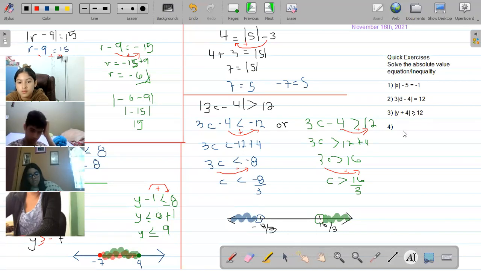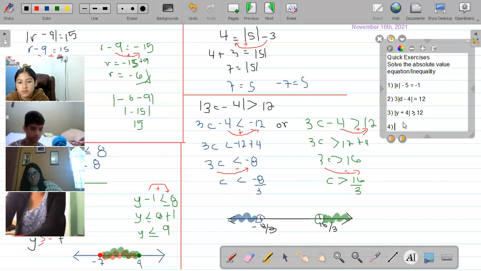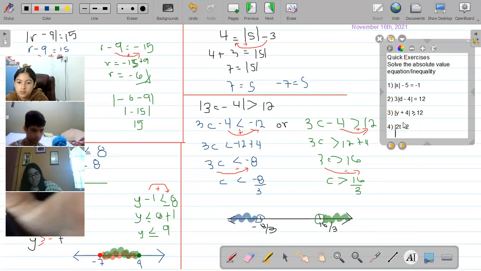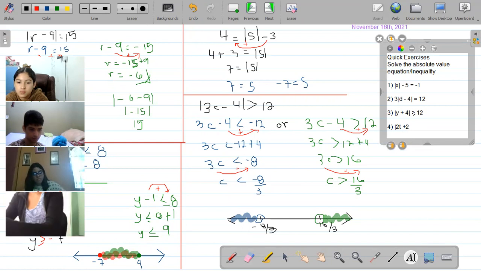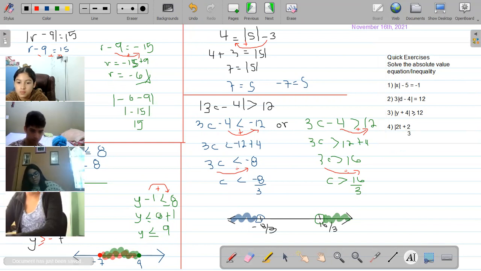And the fourth one, very last, is going to be absolute value of 2t plus 2 over 3. Okay, that's the fraction, and the fraction goes inside the absolute value. Let's make the absolute value with this.